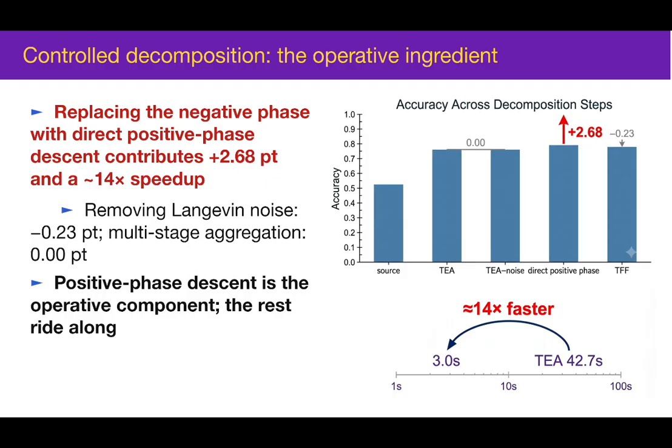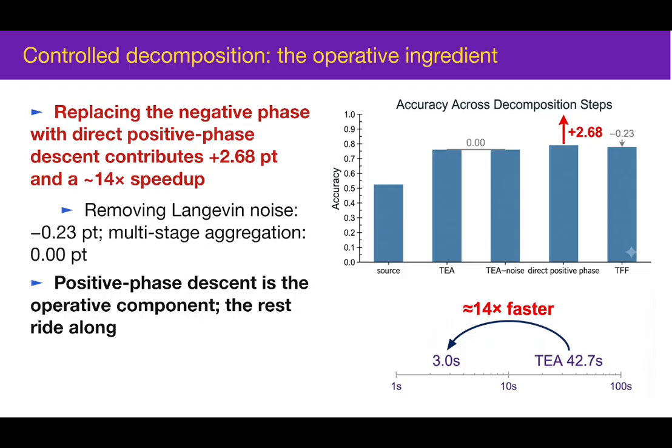Now some early results. This is the decomposition. I work from the previous method to mine one change at a time, so I can see exactly which change matters. And the answer is quite clear: the big jump, plus 2.68 points and about 540 times faster, comes from just one thing, which is replacing the expensive negative phase with the direct positive phase.